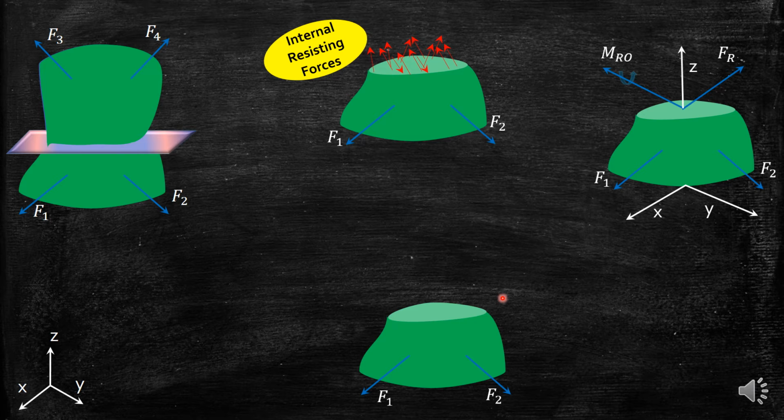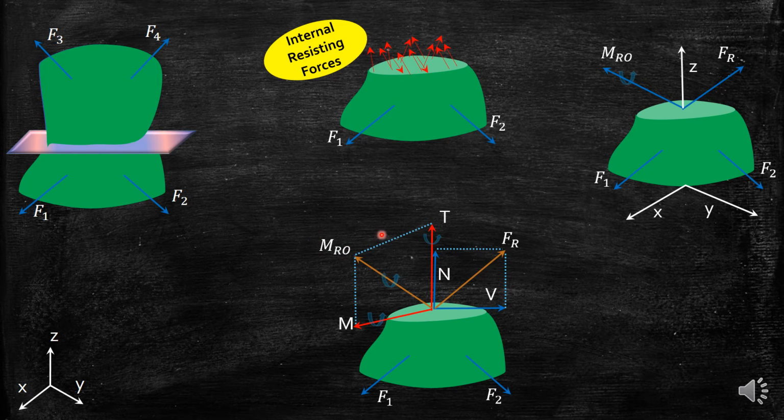Now what about the moment? There is a bending moment which is denoted by M, and there is a twisting moment which is denoted by T. If we have to find the resultant of the bending and twisting moment, that can be represented by MRO.